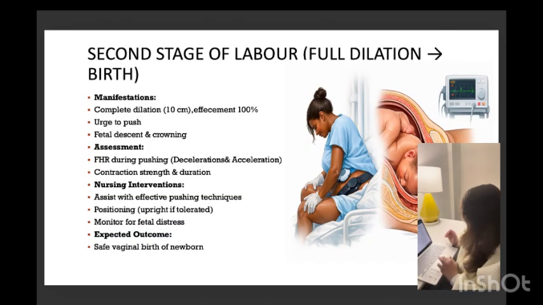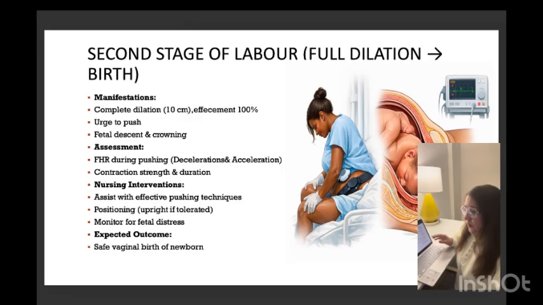So we are on slide number 4 right now, and this is the second stage of labor. Basically this is the pushing stage, when the cervix is fully dilated at 10 centimeters and effacement is 100 percent, and this is the time when the mother pushes the baby. We assess the mother for contraction strength and duration, and we assess the baby for fetal heart rate.